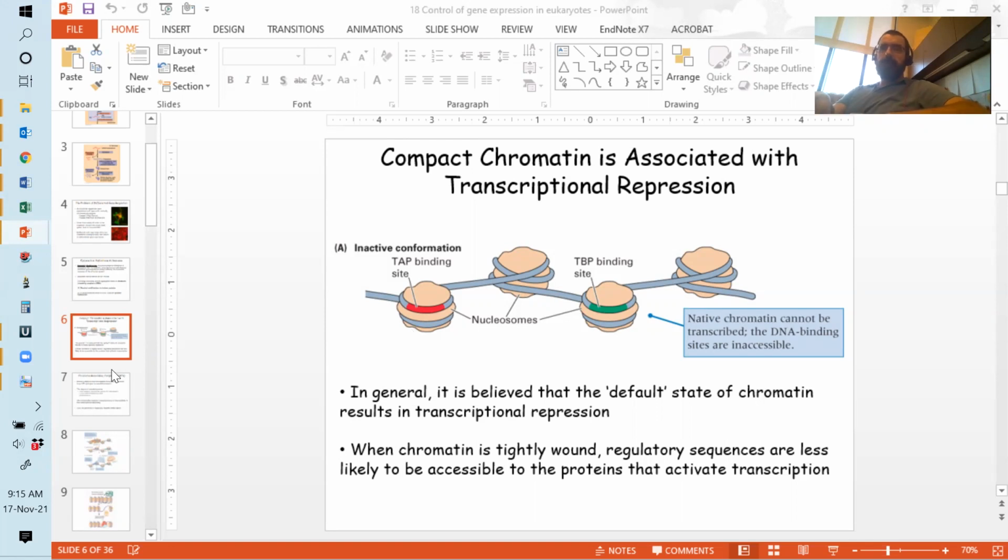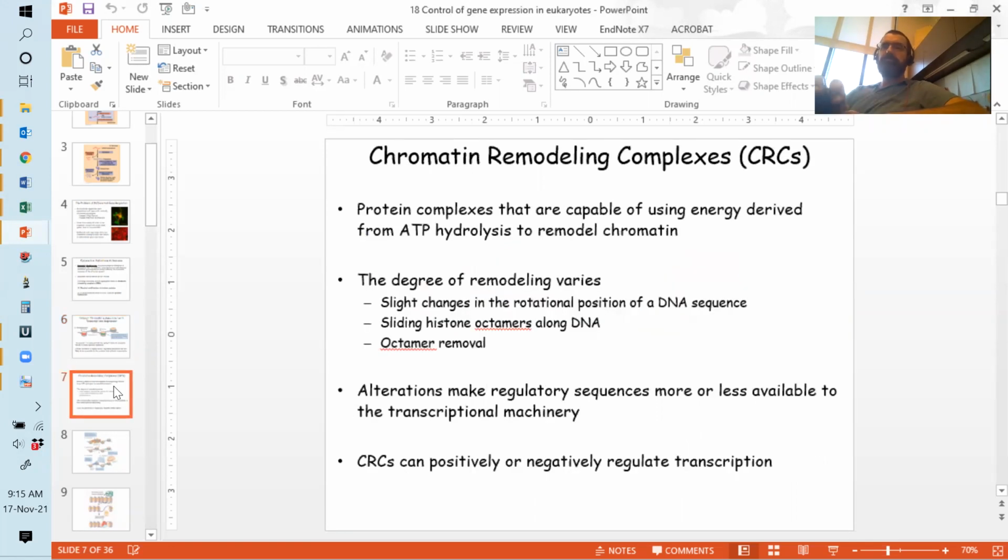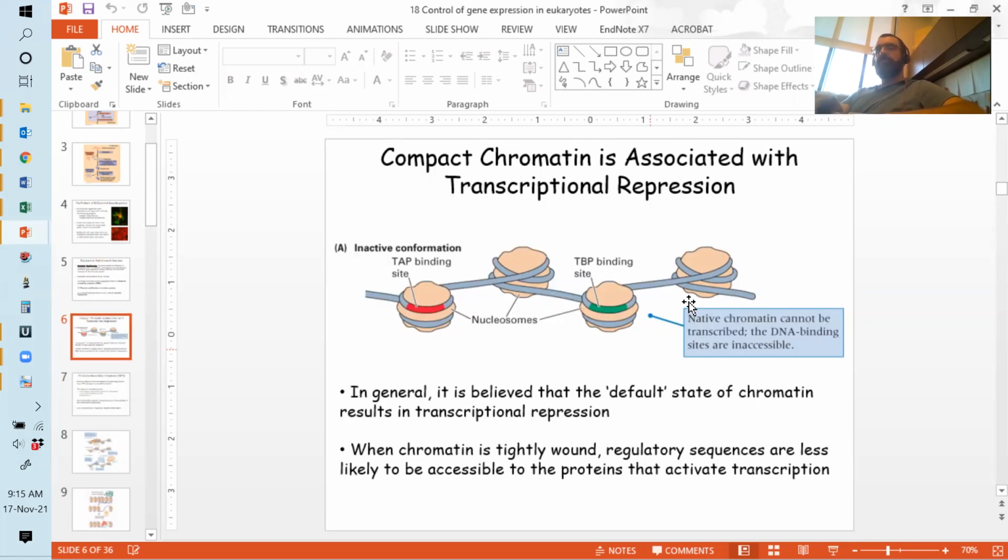So essentially, one thing that you can do, aside from anything to do with modification of the proteins, is just remove them. If you remove the histone proteins from that stretch of DNA, now that DNA is potentially available for transcriptional proteins to bind to it.